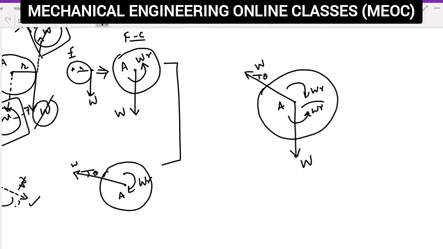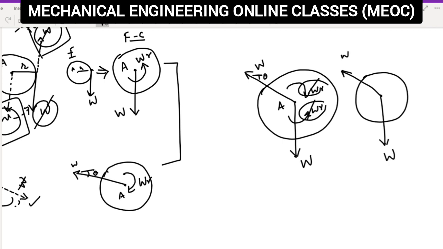This is an anti-clockwise couple and this is a clockwise couple, and both get cancelled. So we have converted our system into these two W's that are passing through the center of the pulley. Without any problem with the couples, we are just left with this. Now what is the final FBD after transferring these weights? Because of the pin joint at A, there was a horizontal reaction and here there is a vertical reaction.